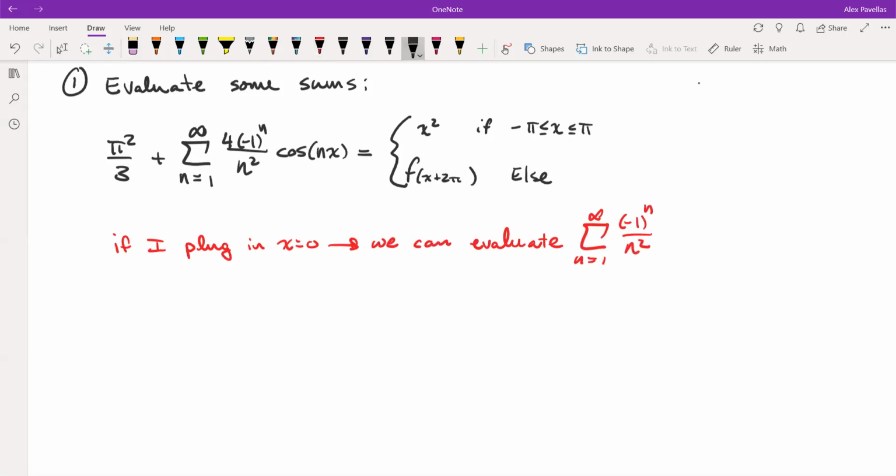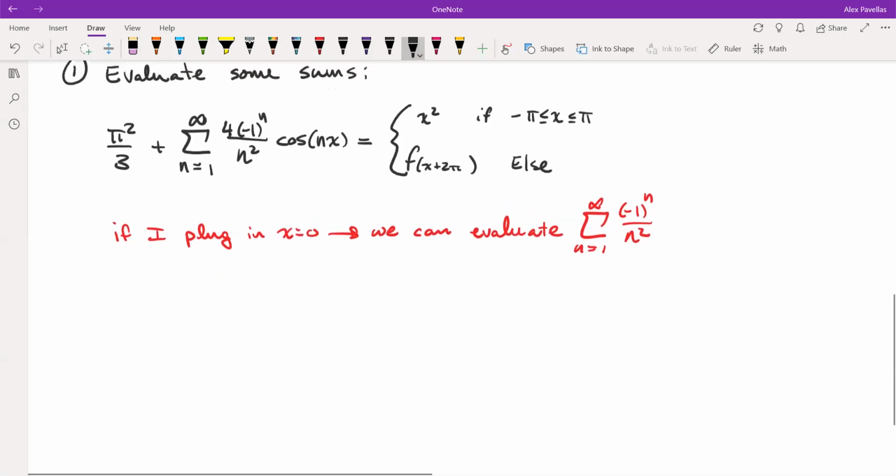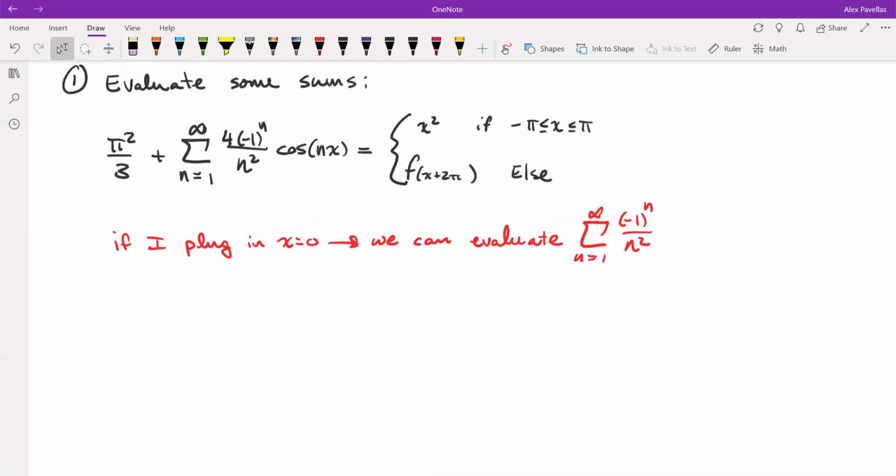Okay, so how does this work? Well, if I plug in x equals 0, that's in the interval minus pi to pi. The whole thing's equal to 0. So f of 0 is just 0.